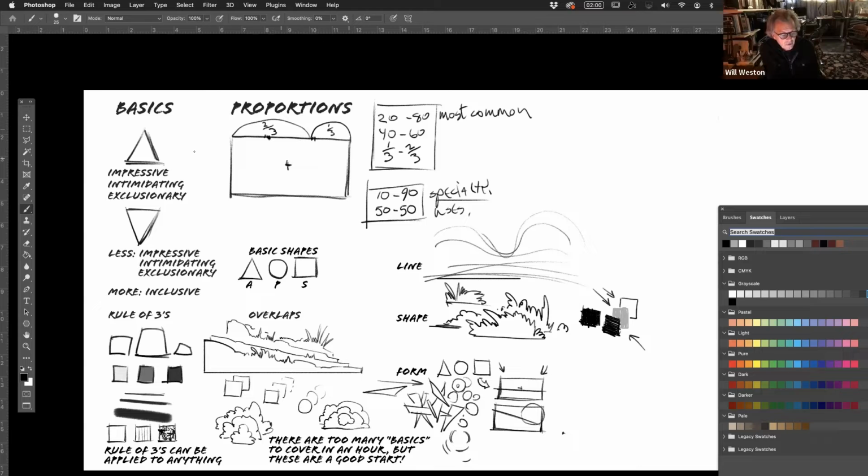Here, I put this X because it gives me the 50/50 line. In film, not necessarily in fine art, the default horizon is on the 40 line, and the 60 line is here. So it's divided into 40, 60. And on the bottom here, I put 50/50.